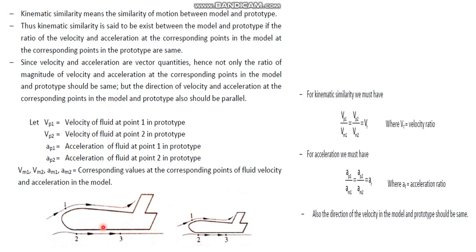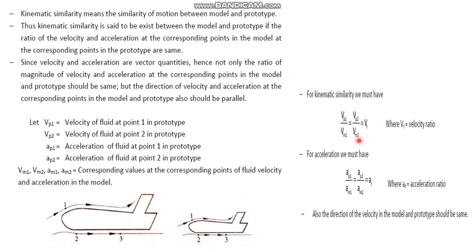For example, this is the prototype and this is the model, and these are points 1, 2, 3 in the prototype. These are the corresponding points in the model. Then VP1, the velocity at point 1 in the prototype, divided by VM1, the velocity at point 1 in the model, should be equal to VP2 divided by VM2.